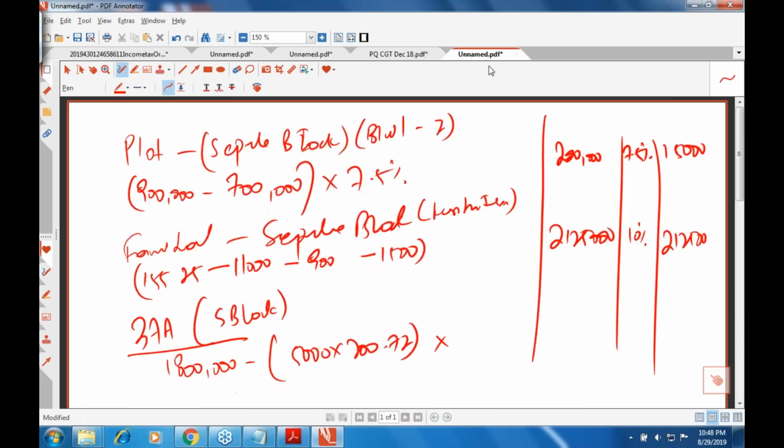I'm just putting 15% on it. So it's going to be 15%, another separate block of income. The gain is going to be 796,400, and 119,460 is going to be your tax.